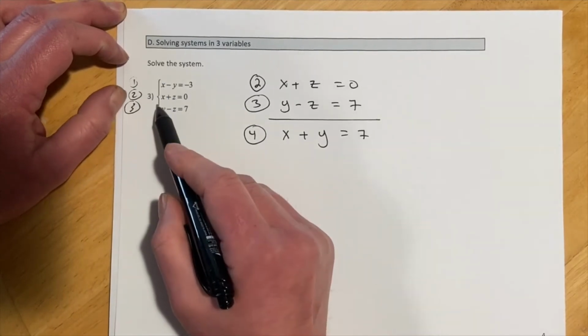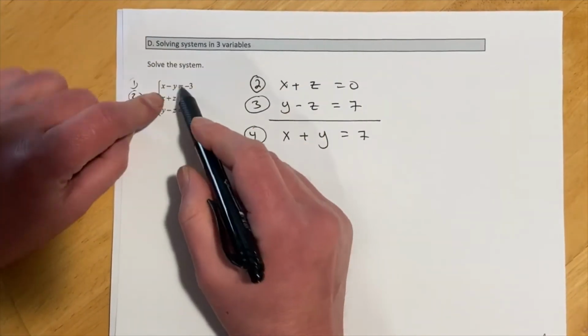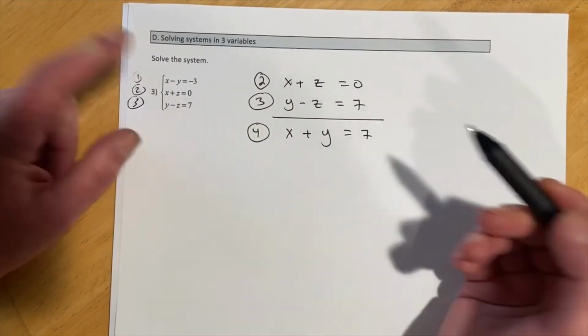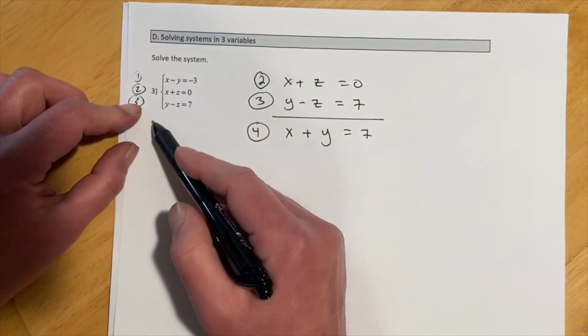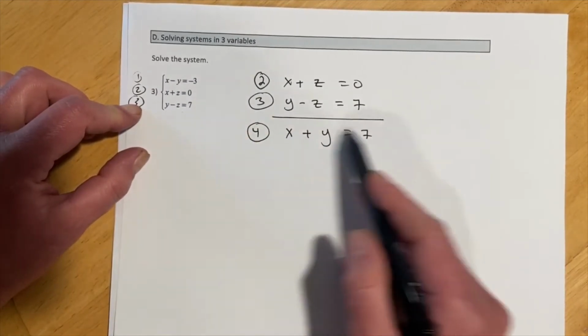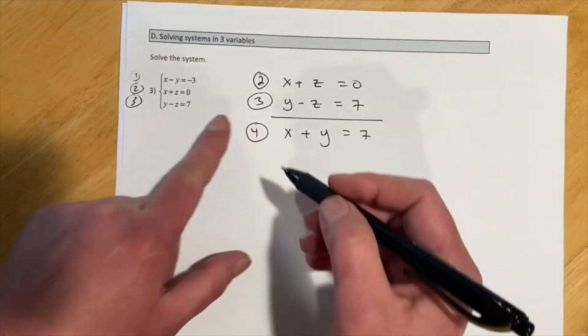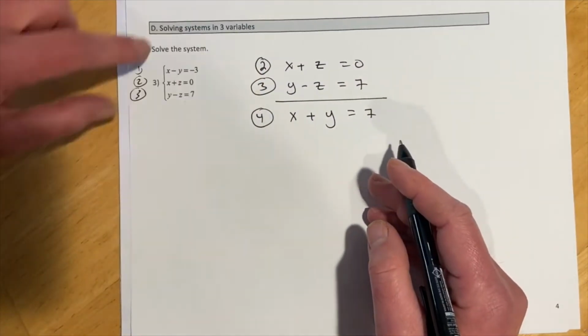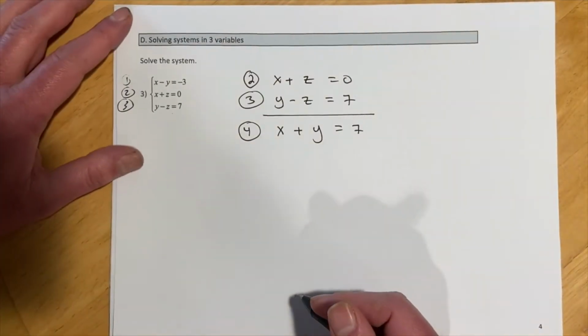If you try to put 1 and 2 together, you'll eliminate x's, so you'd have y's and z's. It wouldn't match. You'd be stuck. If you tried to put 1 and 3 together, you could eliminate y's, so you'd have x and z. You'd still be stuck. So the only thing to do, after you eliminate two of them, is use the one you haven't used yet, and that's going to eliminate something with your new equation.